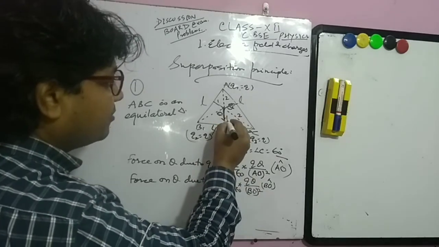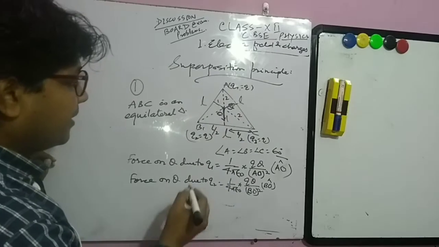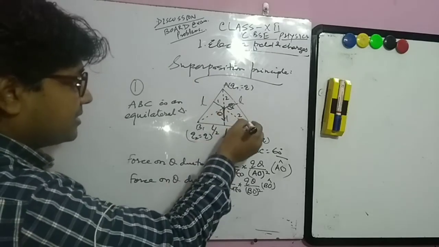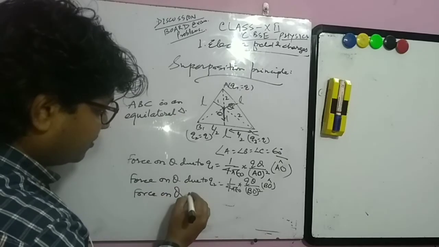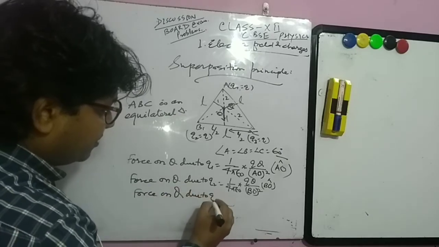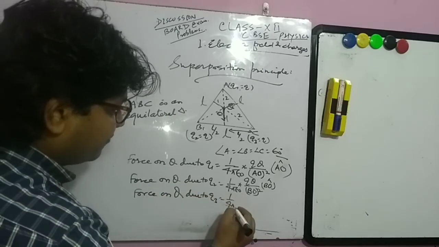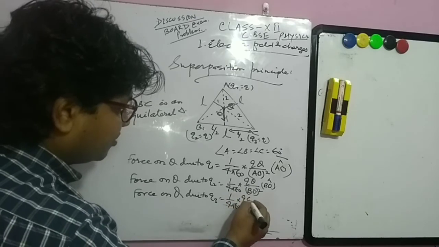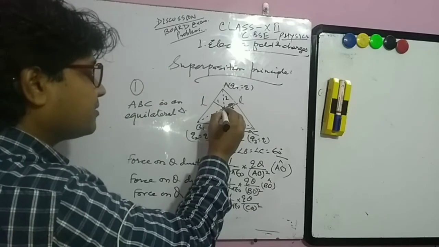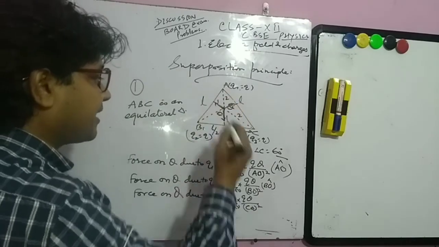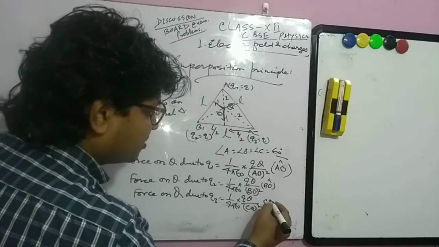So this is AO, and this is the BO vector, going as a repulsive force. Now this is CO. The force on Q due to Q3 is equal to 1 upon 4 pi epsilon naught Q into Q divided by CO square, and this is repulsive, so it is going in this direction. This is the CO vector.